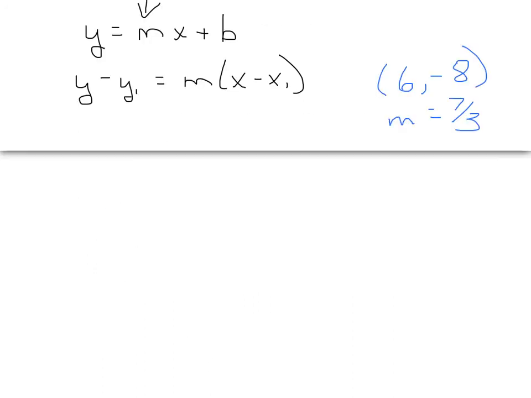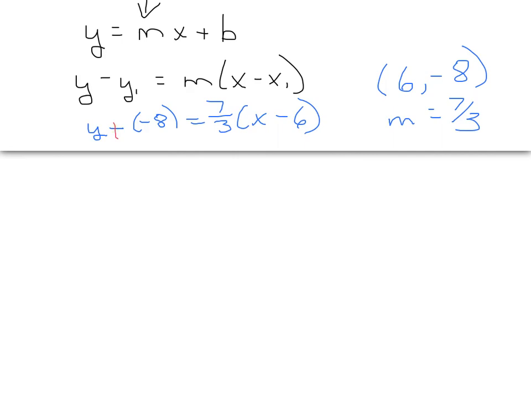So the point that we're given is (6, negative 8), and our slope is 7/3. We write y minus y1, which is negative 8, equals m, which is 7/3, times (x minus 6). Now we have all of the information. We just need to play around with the line until we get y equals mx plus b.